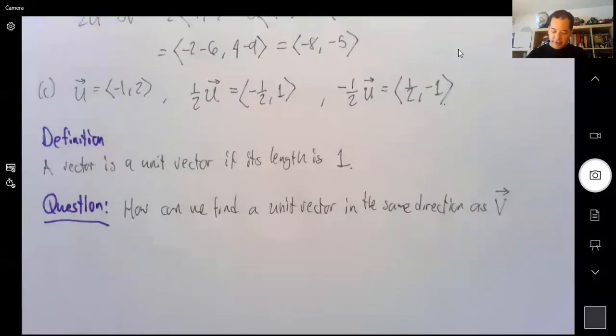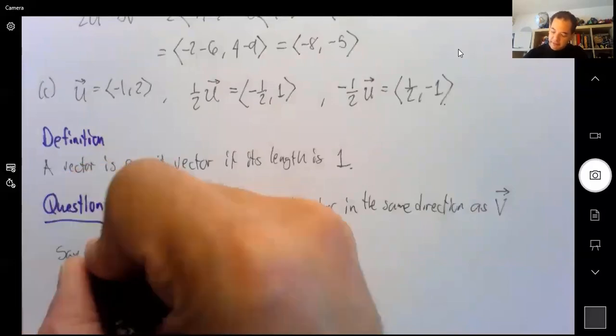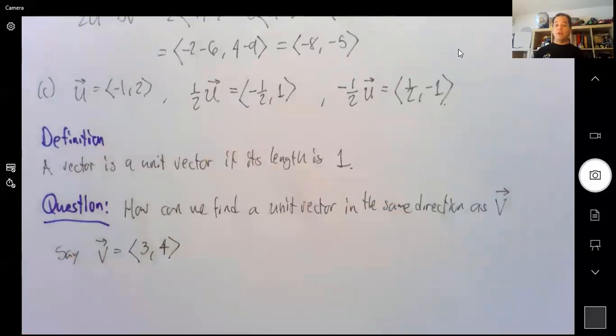For example, let's say that I give you the vector with components 3, 4. And that's not a unit vector, right? That's obviously bigger than a unit vector because you go 3 units in one direction and 4 units in the other one. It's bigger than that. How do we find a unit vector with the same direction, right?